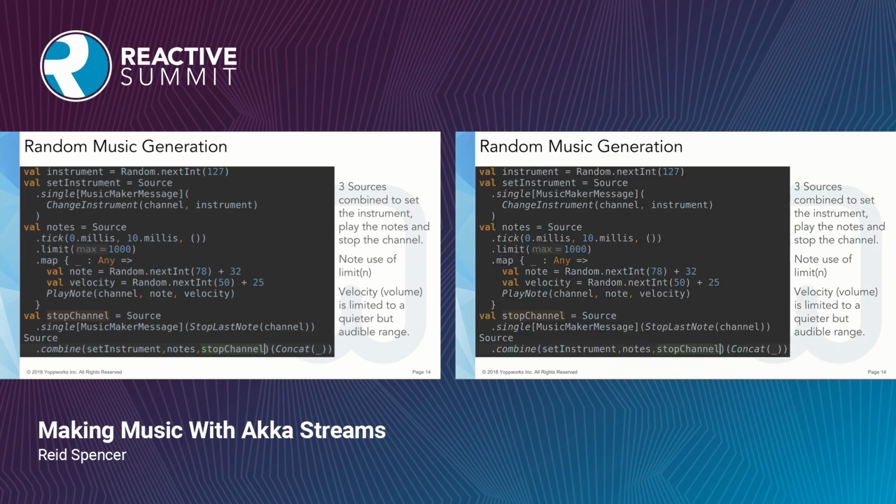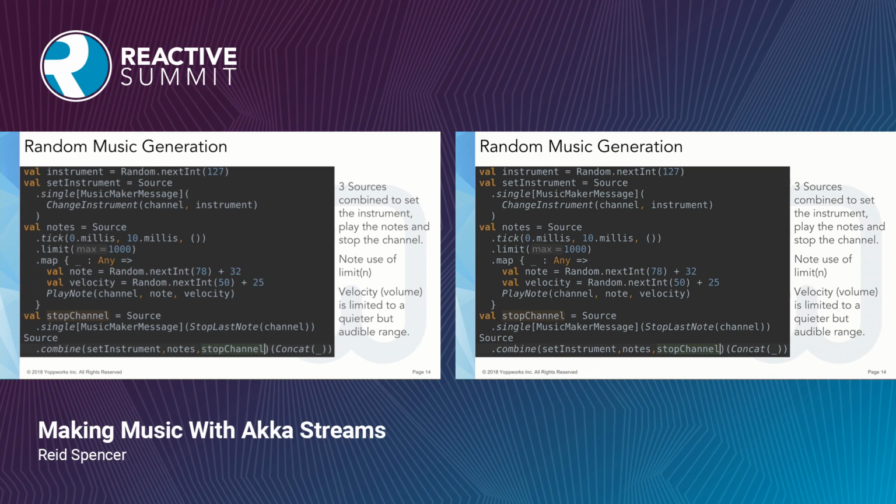Then I create a source called notes, which is done with a tick every 10 milliseconds. It's exactly the same as previously. This time I'm going to limit it to 1,000 ticks. So this is going to be 10 seconds long. This is 1 every 100th of a second times 1,000 is 10 seconds long.